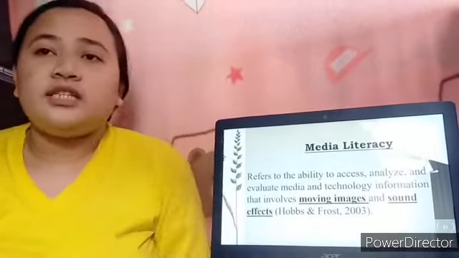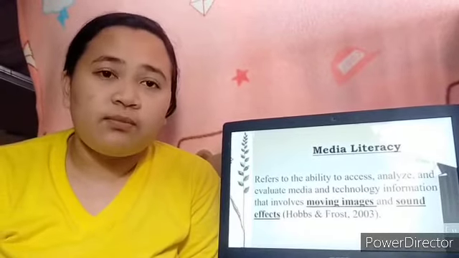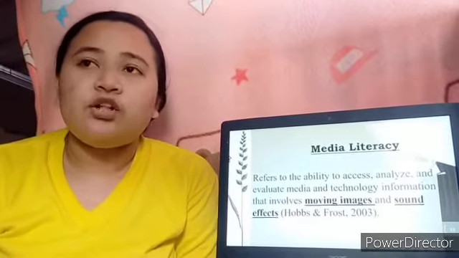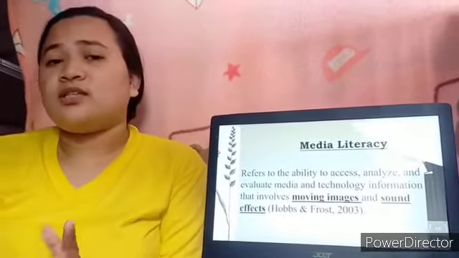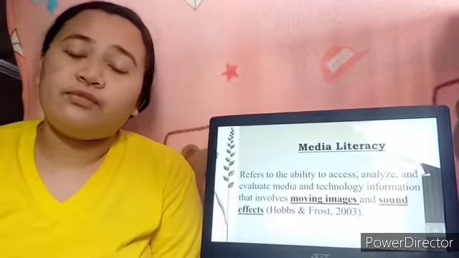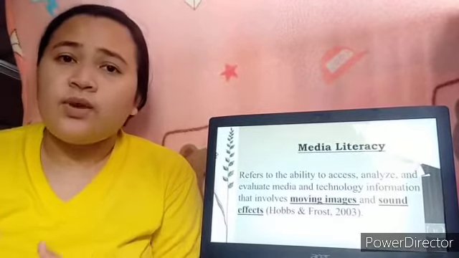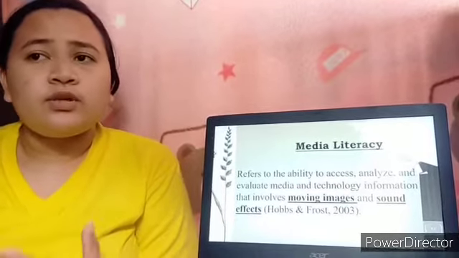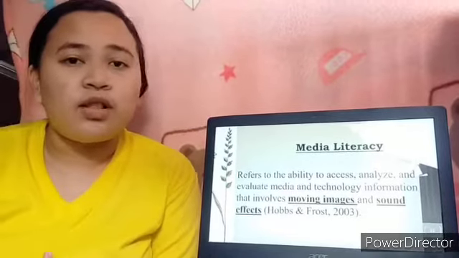So through media literacy, we learn how to access, analyze, and evaluate media technology that involves moving images and sound effects. So what are the moving images? Say, for example, the trailers of movies and news footage. When we watch those, we analyze and evaluate what their possible outcomes are.